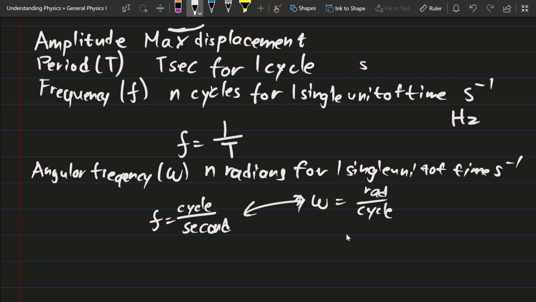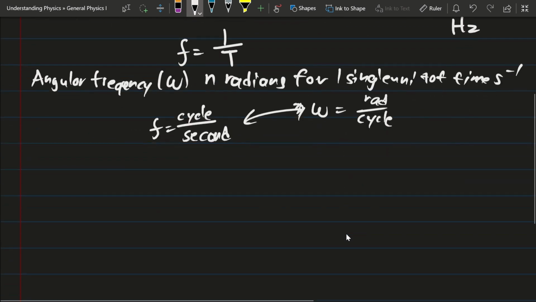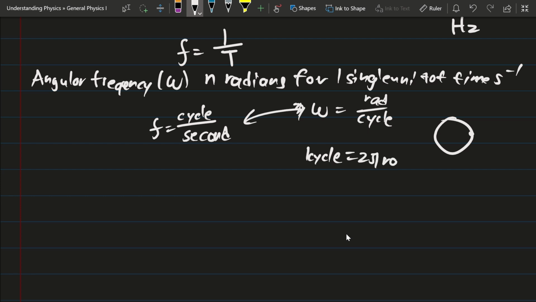If you look at this from the point of view of a circle, and you have an object spinning with a uniform speed, you would know that one cycle is the same thing as 2 pi radians.